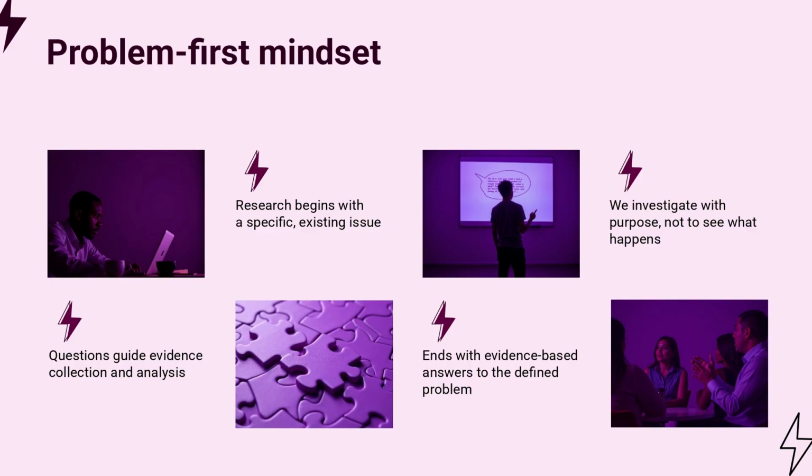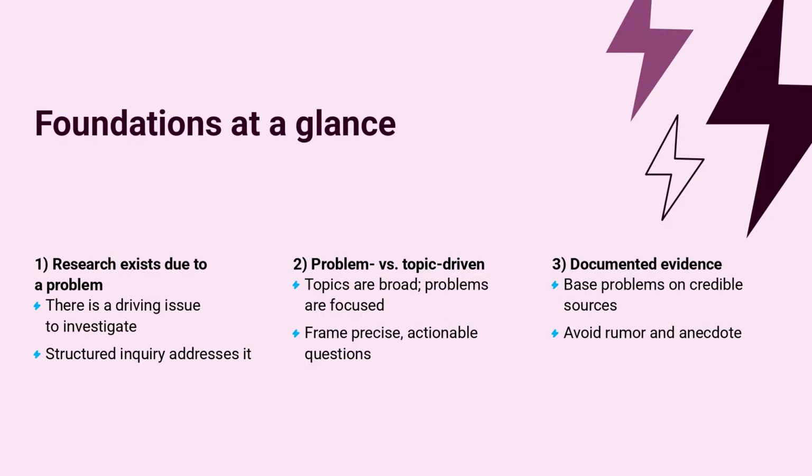There are three important ideas that every student must grasp early on. Research exists because there is a problem. There's always a driving issue, an educational gap, a social challenge, a policy concern, or a technical limitation. Research gives us a structured way to investigate that issue. Research is problem-driven, not topic-driven.